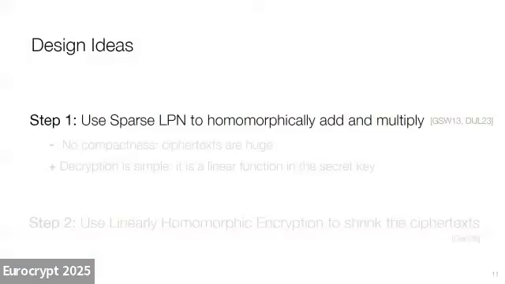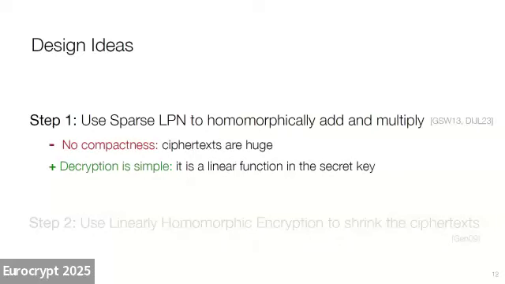And the way we're going to do this is really in 2 steps. So in a first step, we're going to use the sparse LPN assumption to give us a scheme where we can homomorphically add and multiply. But this scheme is going to have one major catch, which is that the ciphertexts are going to be enormous. So in fact, this scheme is not at all going to be compact.